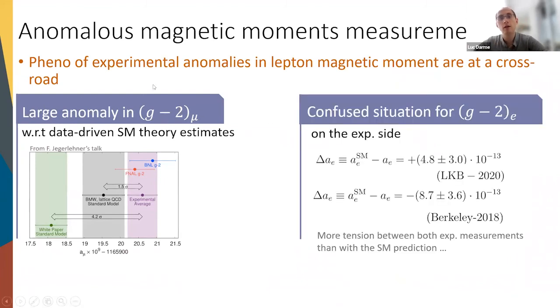So the thing is that even though we can just look at the g-2 of the muon, in truth, we are at a bit more of a troubled time than this picture would show. On the good side, the experimental average is very far away from the data-driven approach. On the bad side, we had lattice QCD results which would tend to show that the actual Standard Model prediction is significantly bigger than what was assumed.